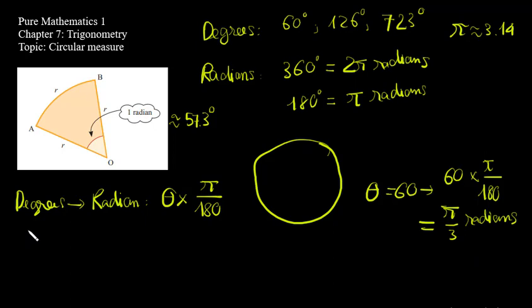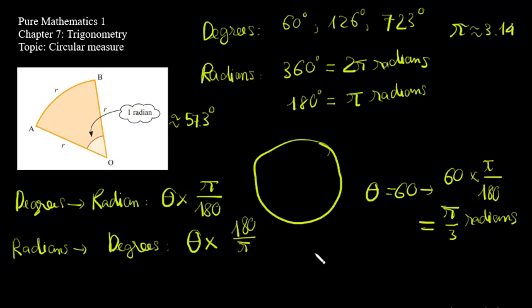Okay, and when we want to convert it back, from radians to degree, we take the radian, which is also called the angle theta, multiplied by 180 over pi.